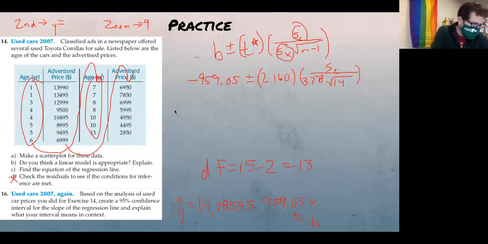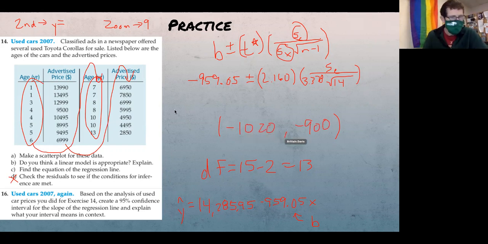So if I pretend that we came up with this, this might go from negative 900 at the high end, down to negative 1020 at the low end. So we're not sure exactly how much value is lost every year, but with 95% confidence, we can say it's going to lose somewhere between $900 and $1,020.